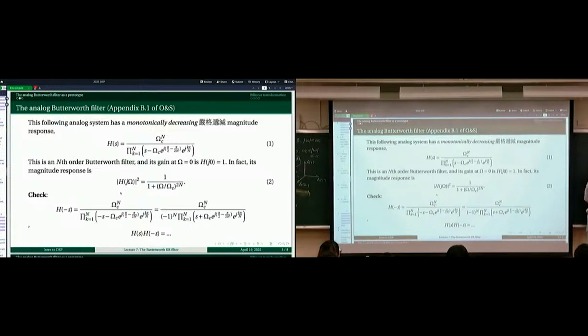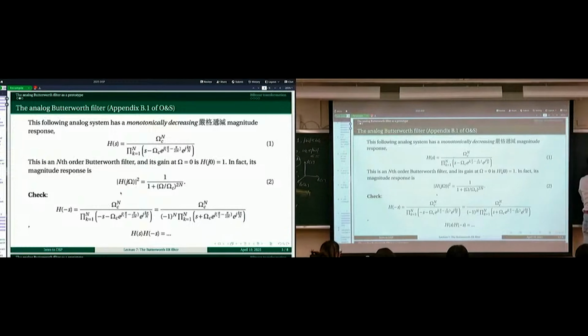This is the case when n equals 8. We have 8 roots for the denominator of H of s. They are the poles of this analog system. The poles are all located on the same circle in the S plane.